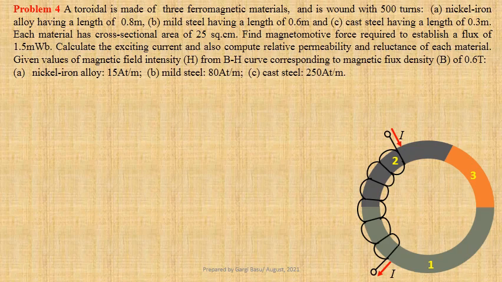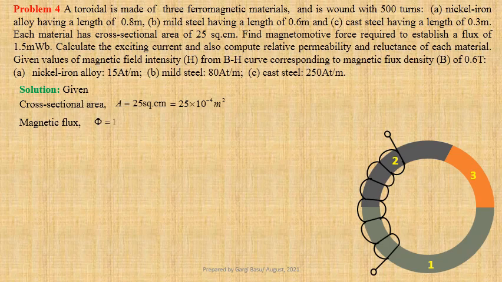Let us first write down the given data. Cross-sectional area of the core A equals 25 square centimeters, that is equal to 25 into 10 to the power minus 4 meter square. Magnetic flux phi equals 1.5 milliweber, that is equal to 1.5 into 10 to the power minus 3 Weber.